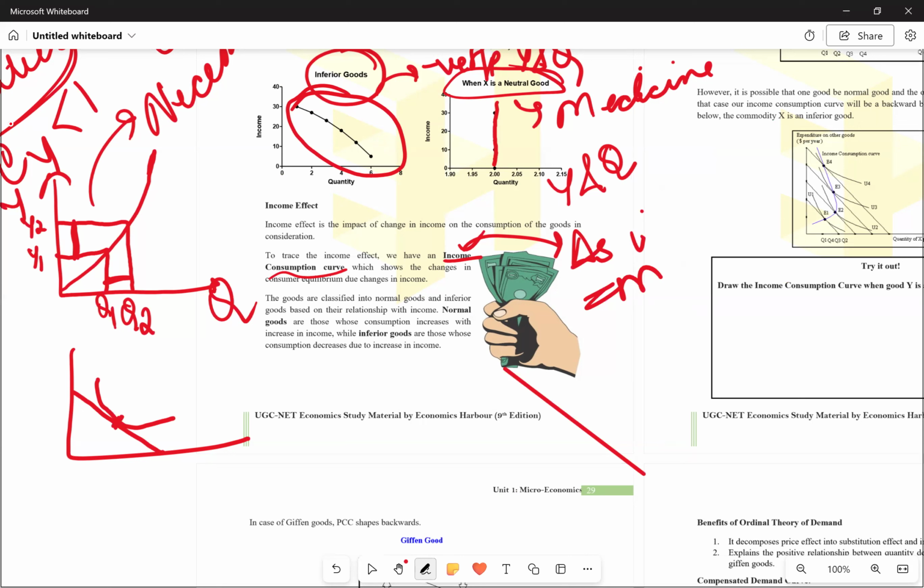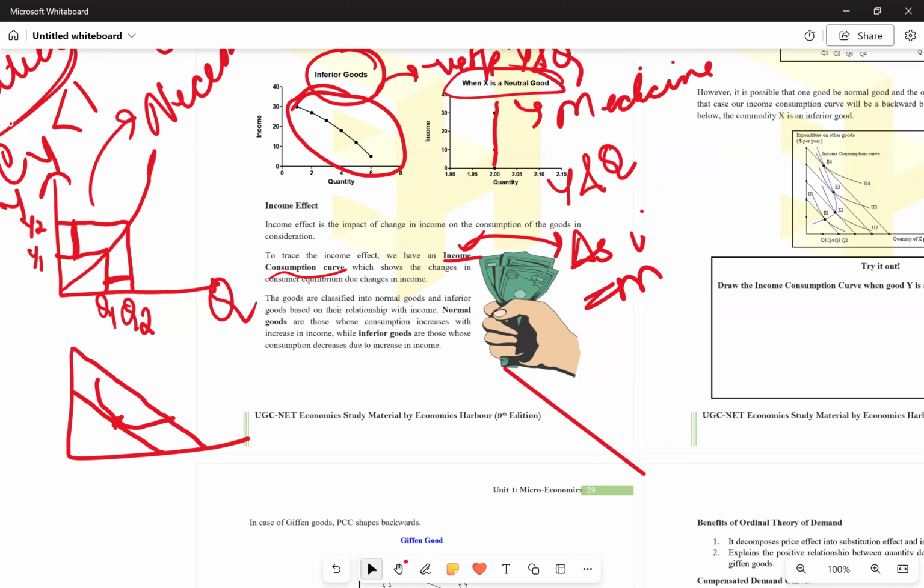Then your income increases, so there would be an outward shift in your budget line. As a result, your consumer equilibrium is, say, here. When we trace these points of consumer equilibrium, we'll get your income consumption curve, where on the x-axis we have good x and on the y-axis we have good y.